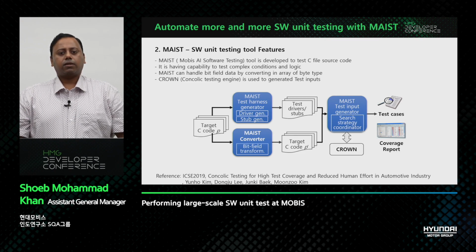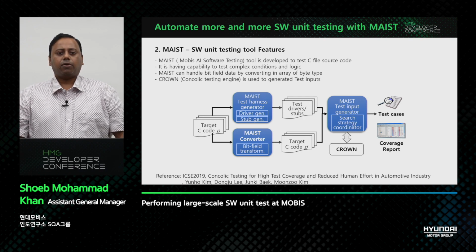MICE tool uses CROWN, which utilizes various symbolic search strategies to enhance test coverage. To further increase the test coverage and reduce the test execution time, MICE has 4 search strategies: DFS, reverse DFS, random negation, and control flow graph.